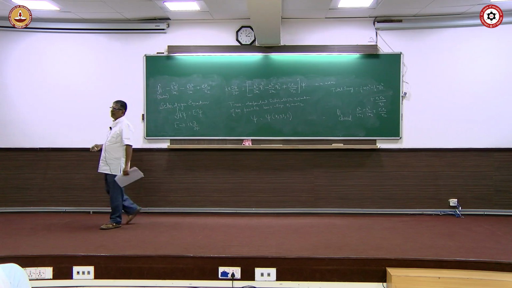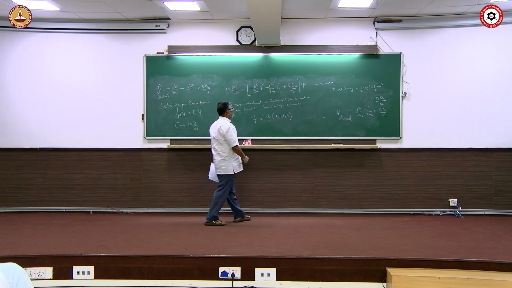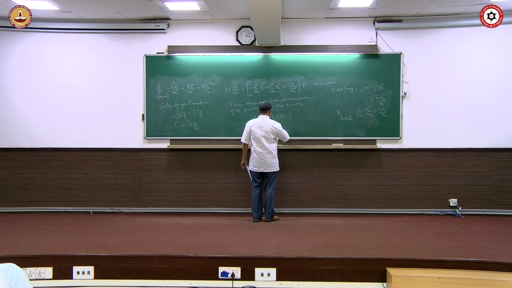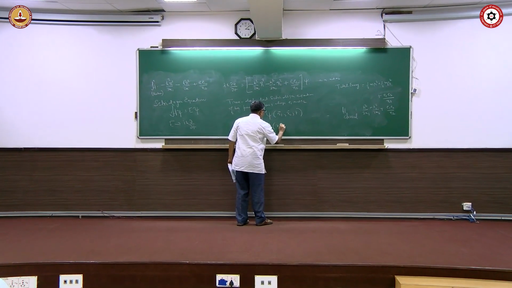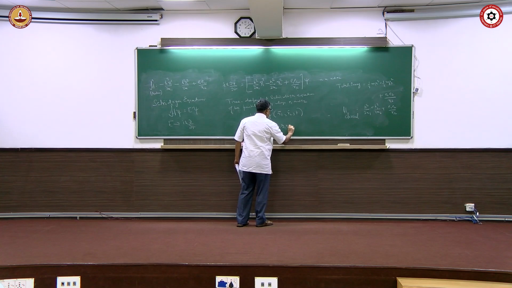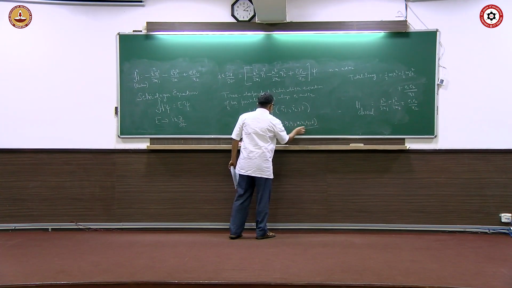It is a function of all the coordinates of the two particles, therefore you will have the coordinates r1 vector, r2 vector and time, or in Cartesian, x1, y1, z1, x2, y2, z2 and t.